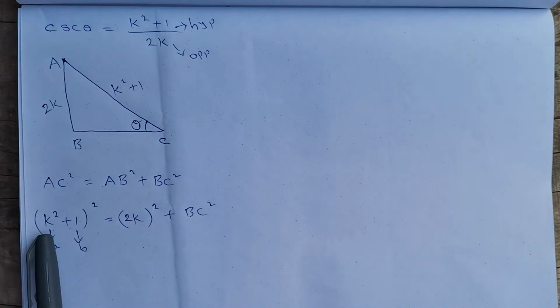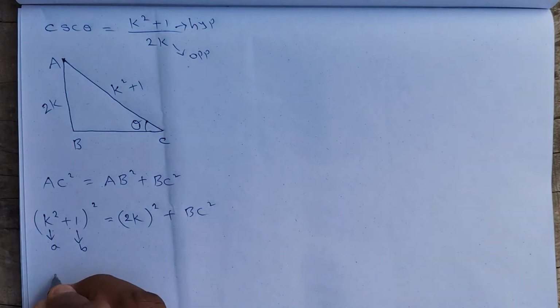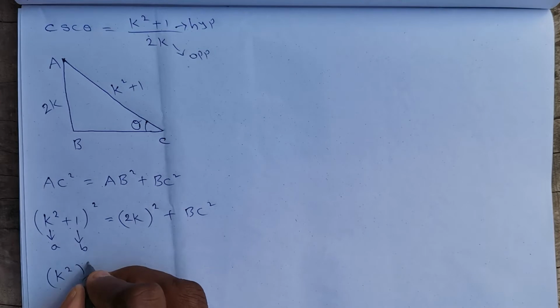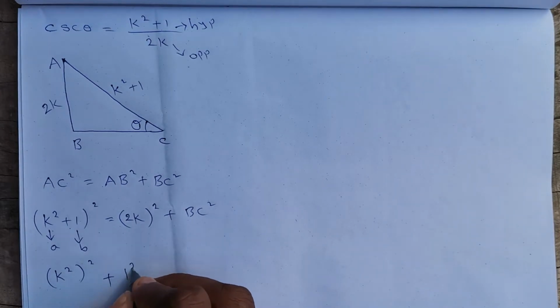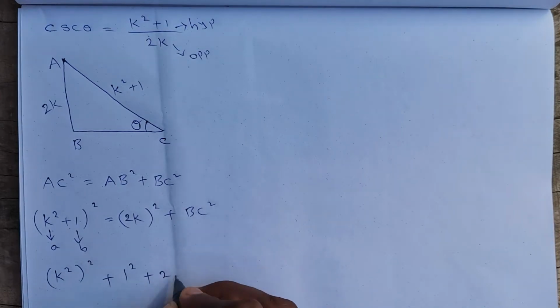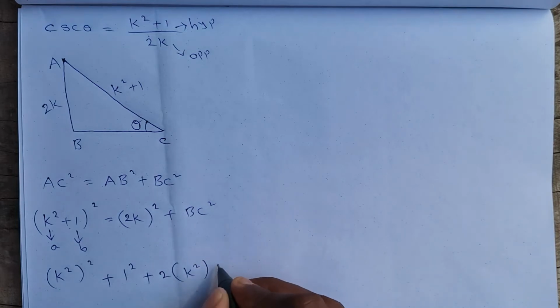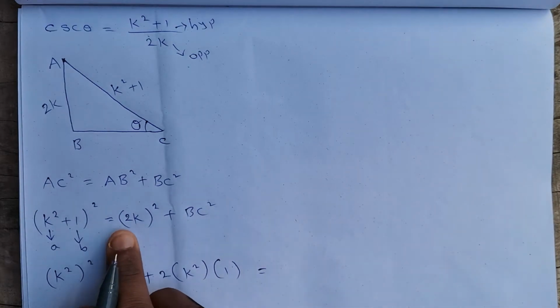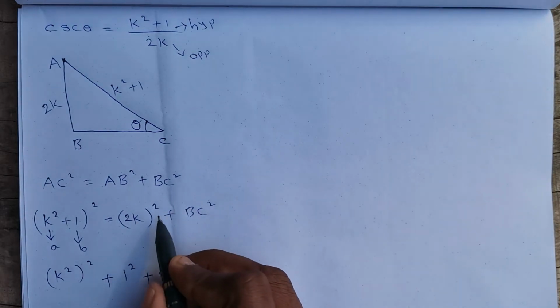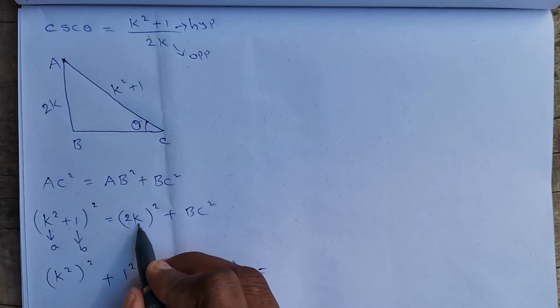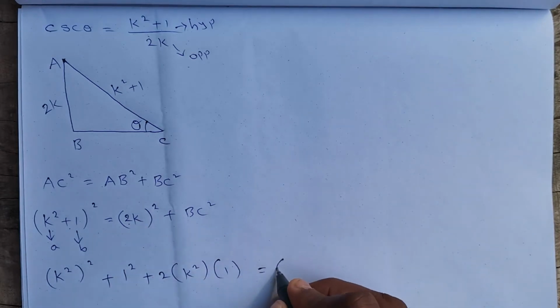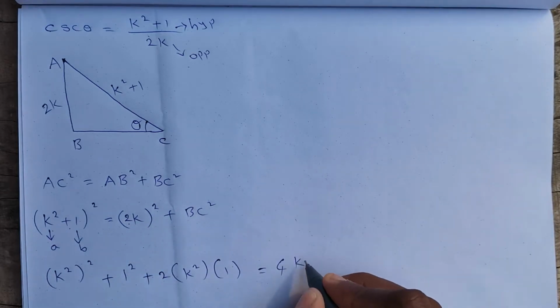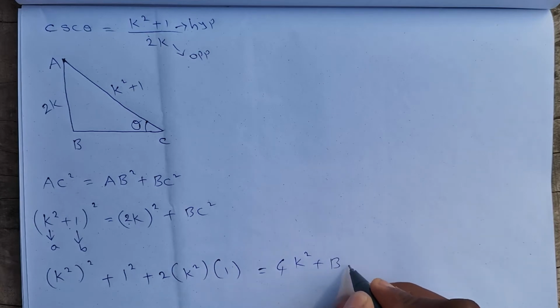So if we expand it, we get (k square) whole square plus 1 square plus 2 into k square into 1, that is a square plus b square plus 2ab. This is equal to (2k) whole square. The square is for 2 and also for k, so 2 square is 4k square, plus BC square.